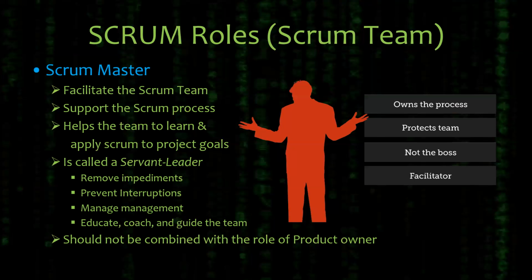Okay, so that's the task of the Scrum Master. That's why it says it should not be combined with the product owner, because if this is combined, you will be more like, do this, do that, I want this one, this is wrong and all that, and you worry about how they are doing it, right? So if you combine it, there's going to be a conflict of interest. The Scrum Master is not interested in what they are doing.